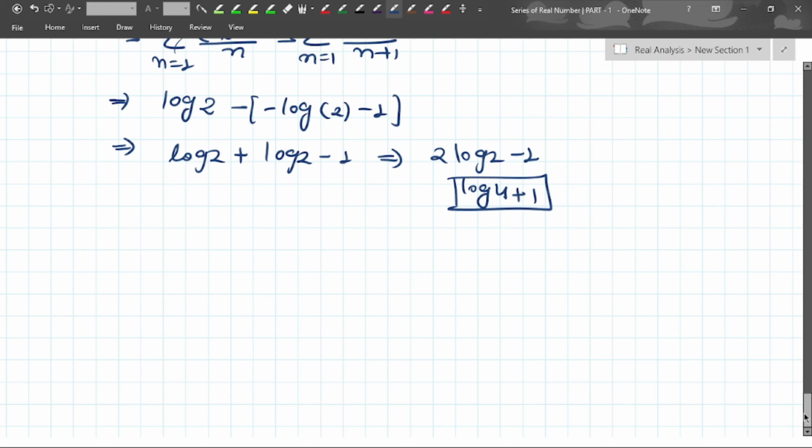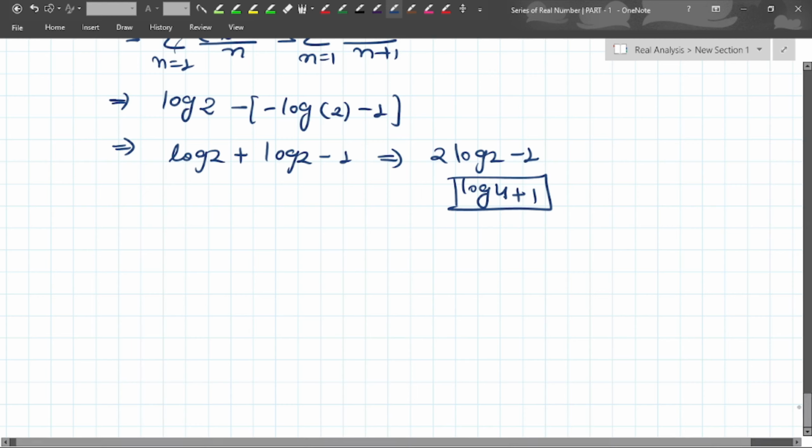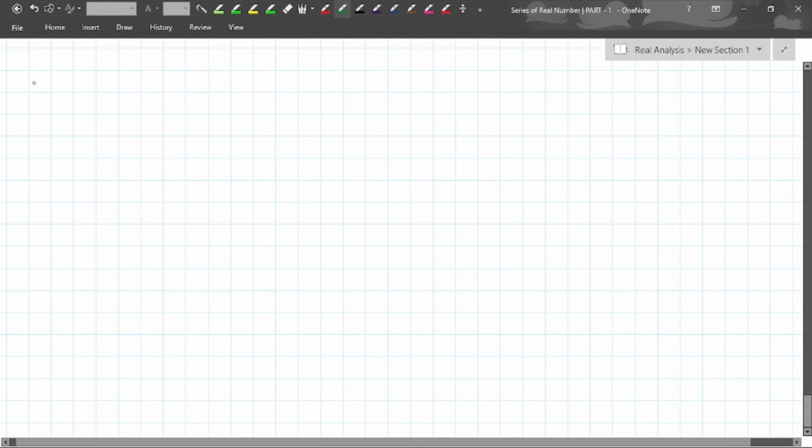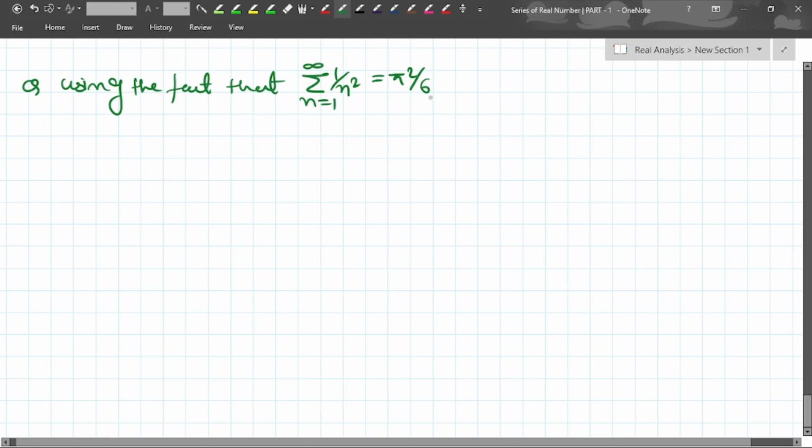Now some questions related to this may ask something like the following. Using the fact that the summation of 1 over n square is pi square by 6, from n equals 1 to infinity, what is the value of the summation n equals 1 to infinity of 1 upon (2n plus 3) whole square?